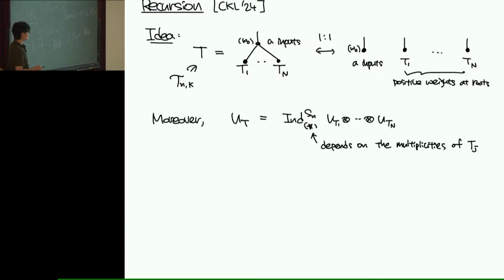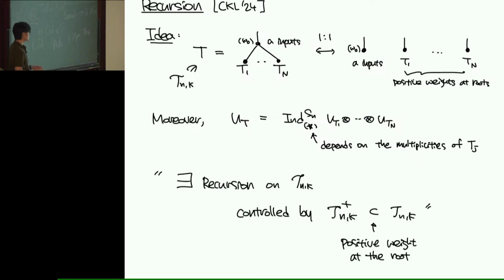And then in our combinatorial formula, this piece is just the induced representation of the tensor product of the UTIs here with some explicit representation.